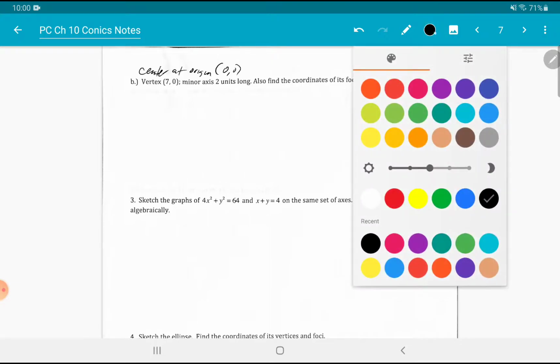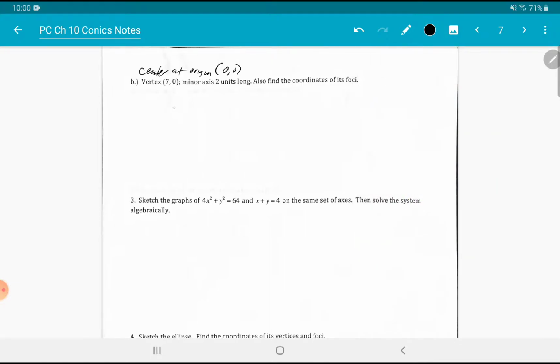So if the vertex is (7, 0), I'm going to go ahead and just draw my coordinate plane. I know that my vertex being (7, 0) will place us right here. And then we'll also have another one on the other side, so (-7, 0). Okay. And also because that's my vertex, I know it's going to be a horizontal ellipse.